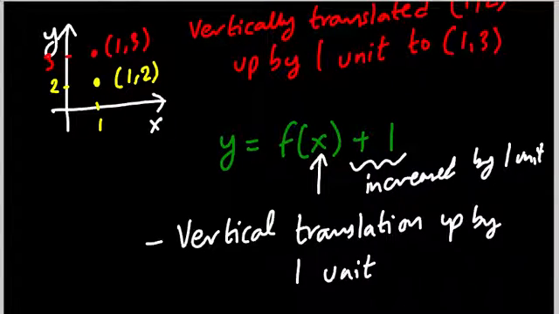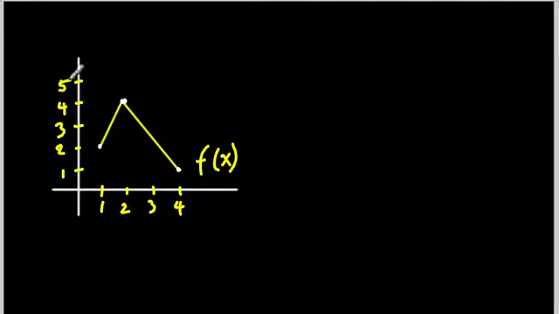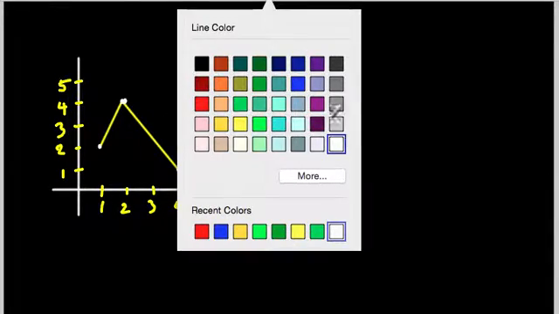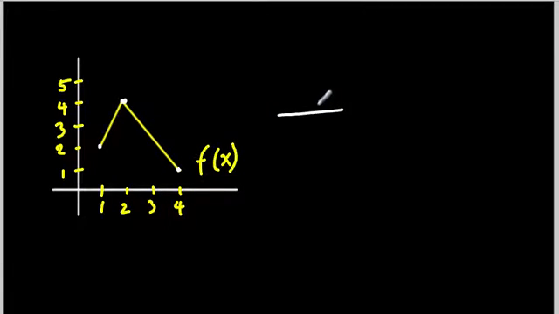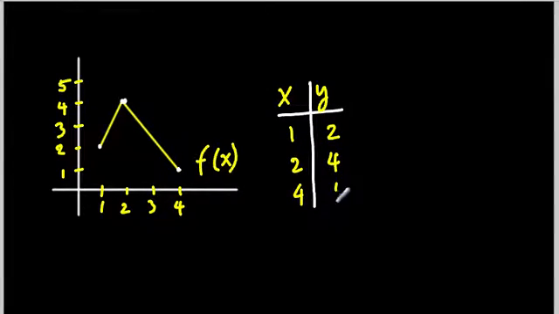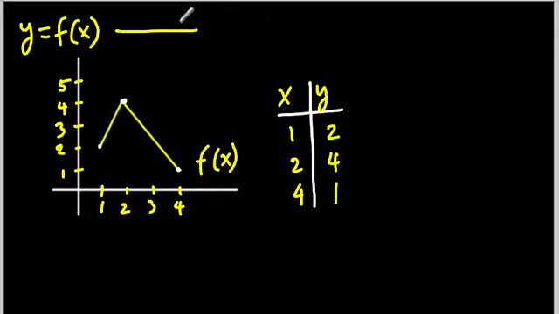So let's demonstrate this with an example. Once again, I have this function. Let me just get the xy table here, which is just the list of coordinates. So here's xy of this original function: 1, 2, 2, 4, and 4, 1. What I'm going to do is take this original transformation, y equals f of x, and transform it to y equals f of x plus 1.